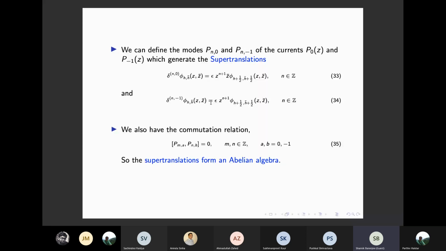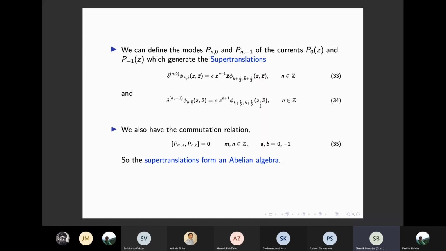So these are, you can think of them as local space-time translations at null infinity, but the conformal dimensions increase by factors of half.